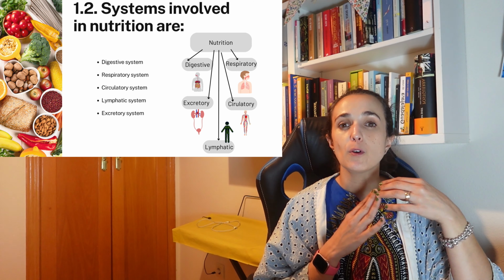Catabolism is for all the processes that will change from bigger, more complex molecules to smaller, simpler molecules. For instance, from complex carbohydrates to simpler carbohydrates that we can use to take the energy, okay?